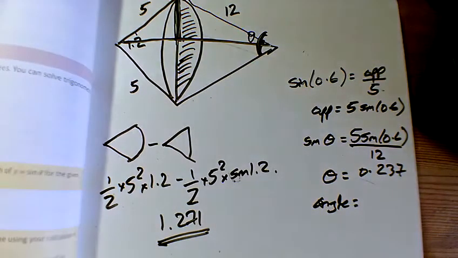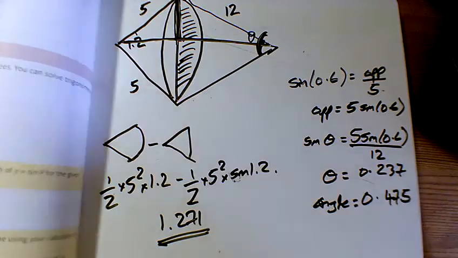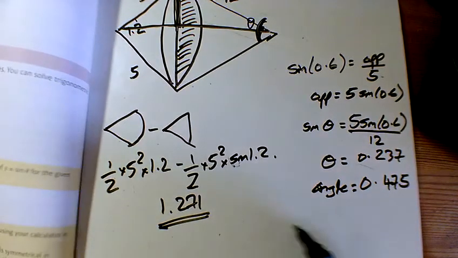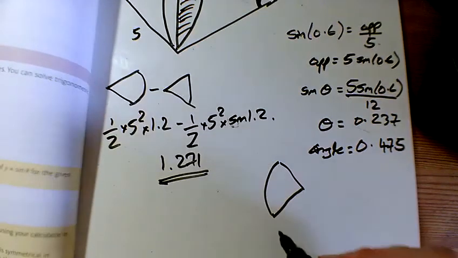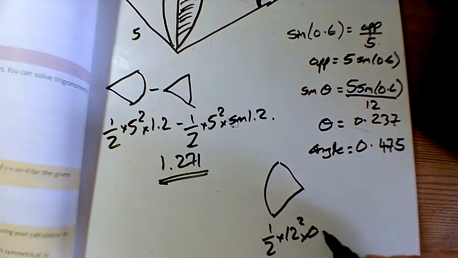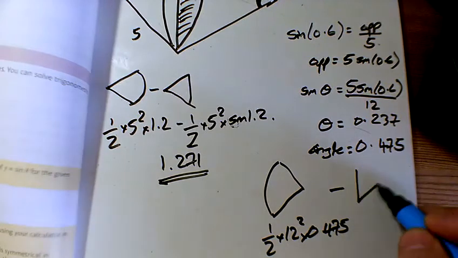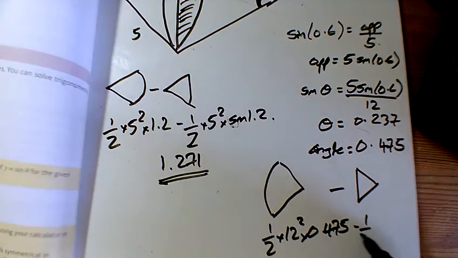So times that by 2 gives me 0.475 as that angle. Right, so now just doing the same thing there, I'm going to do the big sector, which is a half times 12 squared times the angle I just did. Take away the triangle, which is a half times 12 squared times the sine of the angle we just did.